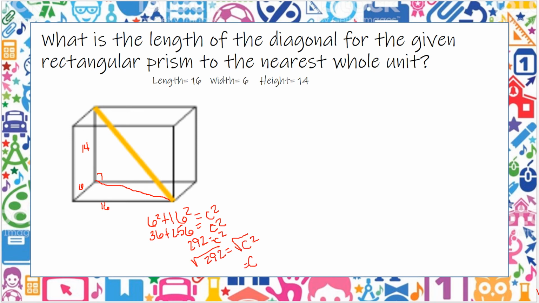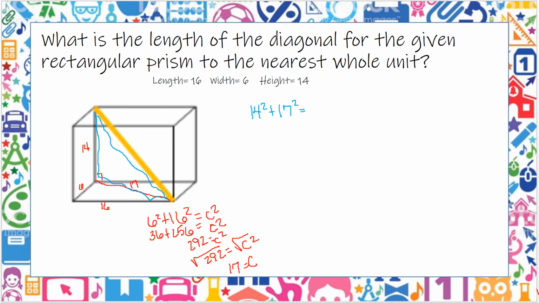And when we add those together, we get 292. Then we have to take the square root of both sides. And the square root of 292 does give me 17.08. We'll just say 17. Okay, so that is the length of this one.